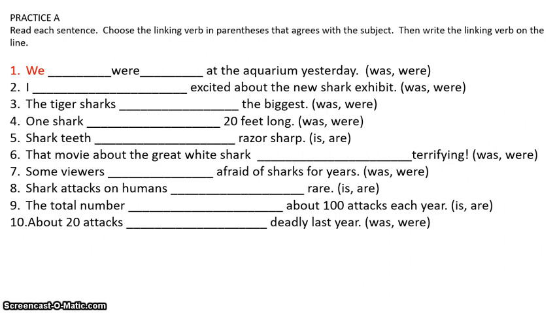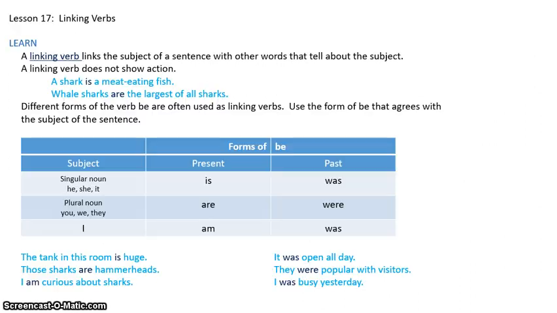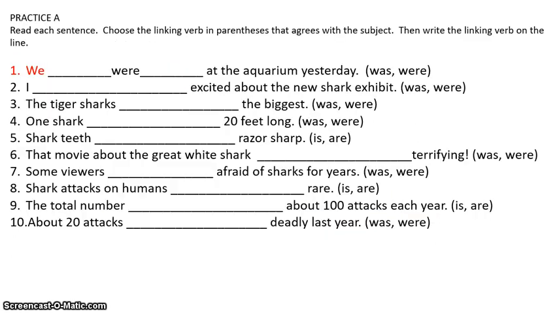All right, number 2. I disagree a little bit about this, but I can see where they're coming from. It says, I blank excited about the new shark exhibit. You look at I, and you know from the chart that I has to either use am or was. So, I, you're going to highlight in red, and then you're going to choose the word was.